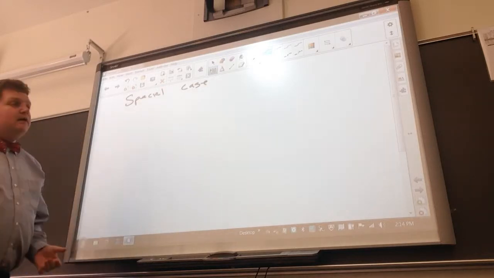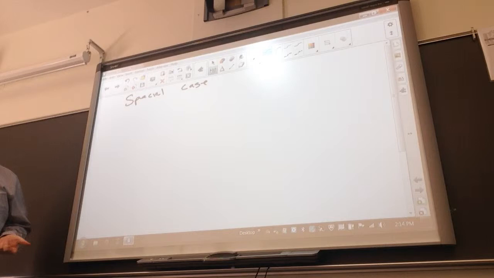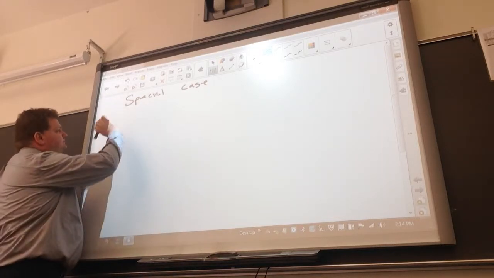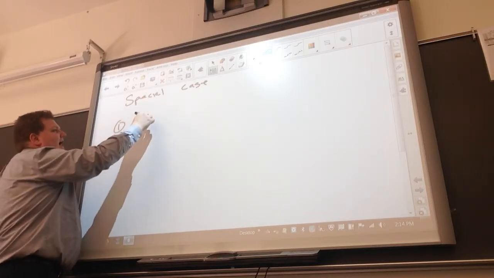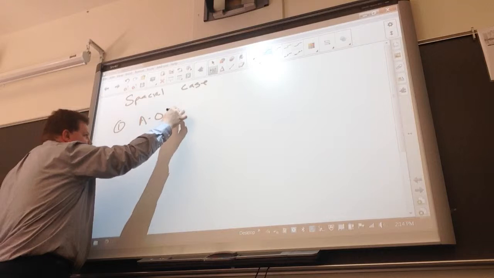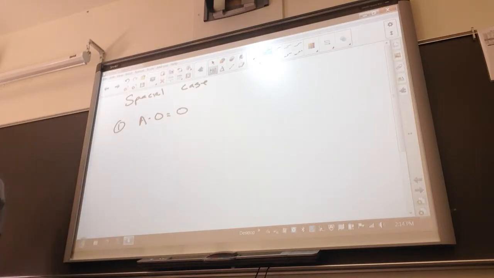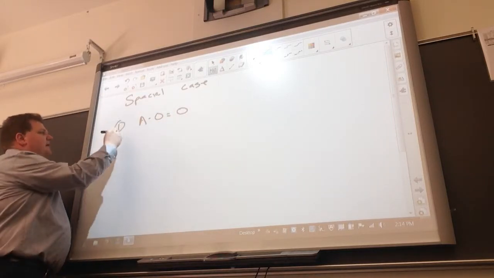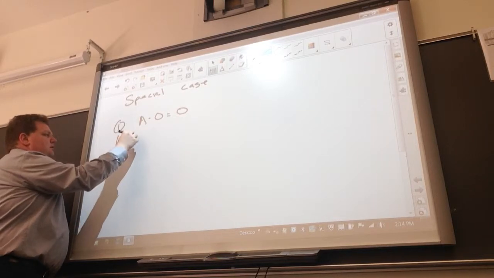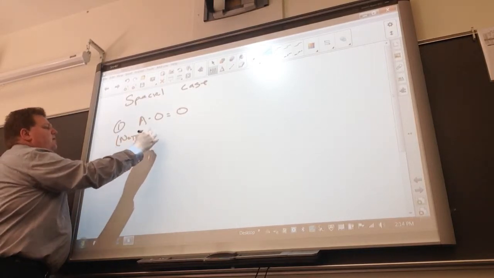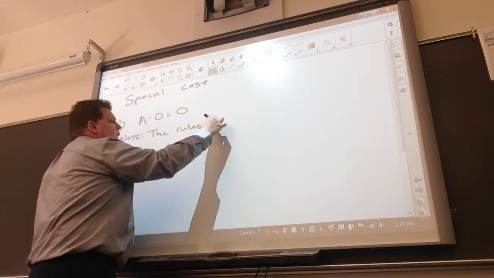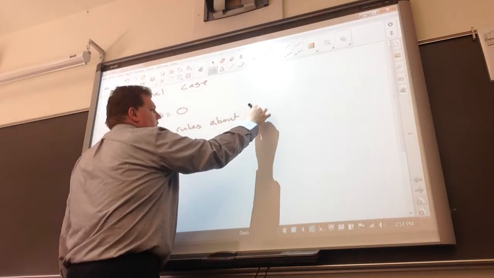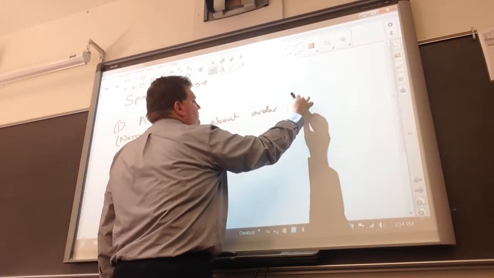Basically, the first special case is with the zero matrix, everybody. A matrix A times the zero matrix is, of course, equal to the zero matrix. But there's a note here. Note: the rules about order still apply.